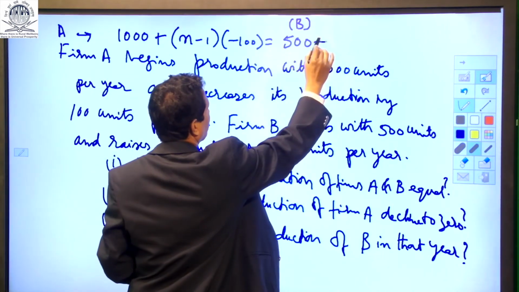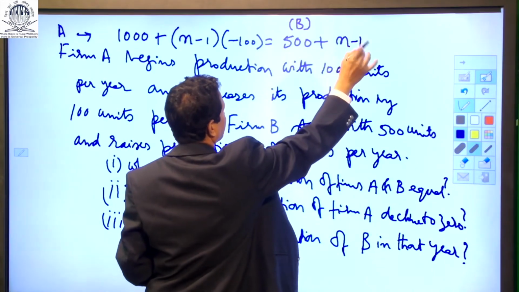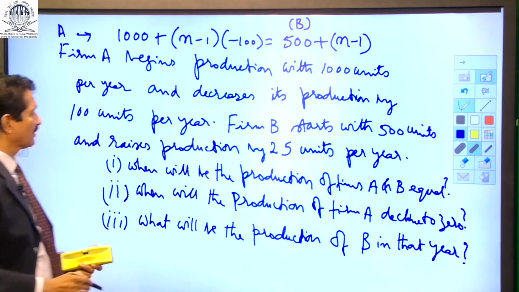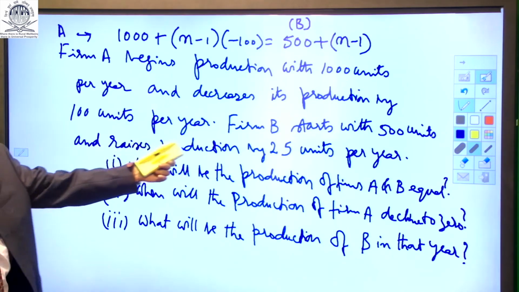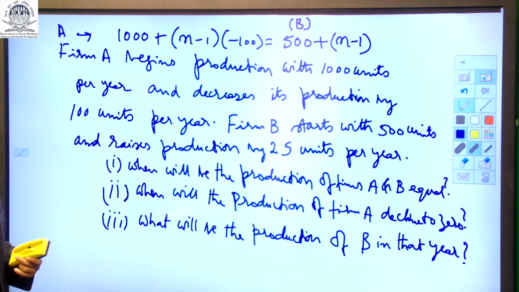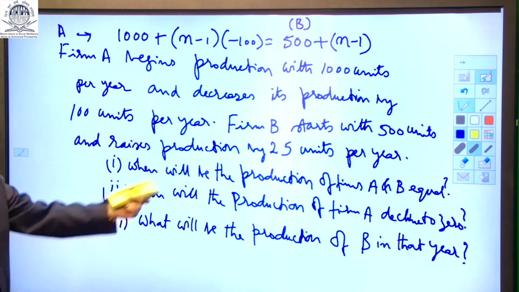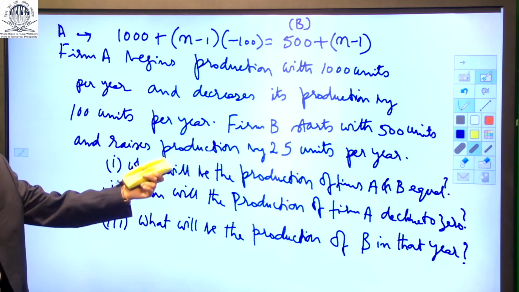500 plus n years, and it raises its production by 25 units per year. It means the common difference is plus, because here there is a raise or an increase.